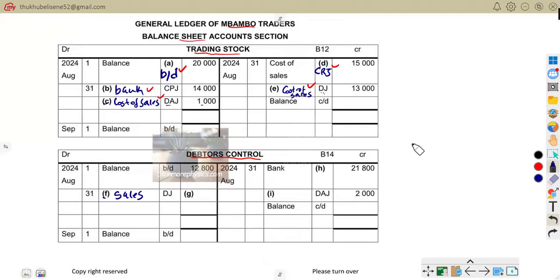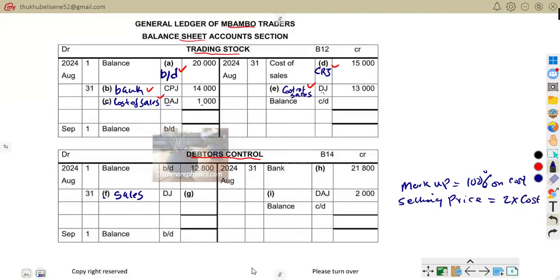The markup is equal to 100% on cost. So selling price is going to equal 2 times cost.